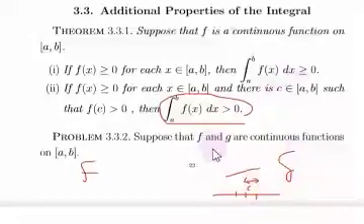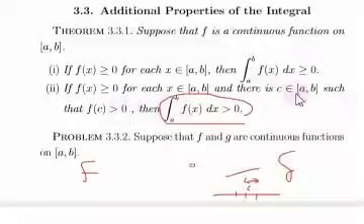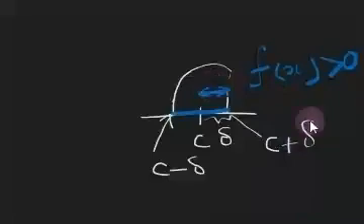If you have a point in this interval such that the function at that point is positive, then you can find a positive delta gap around this point such that on this interval the function is positive, because this function is continuous. That's why we can find this delta here.